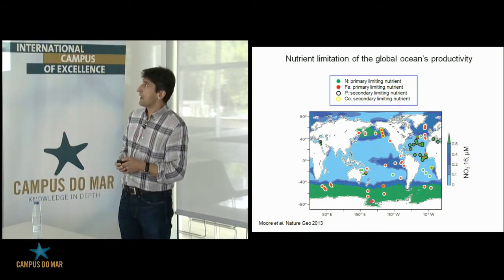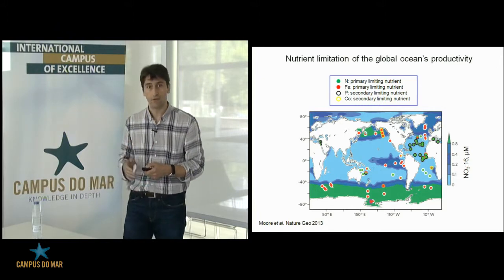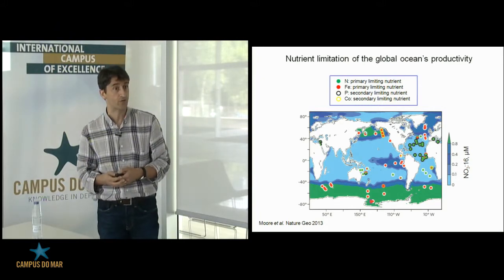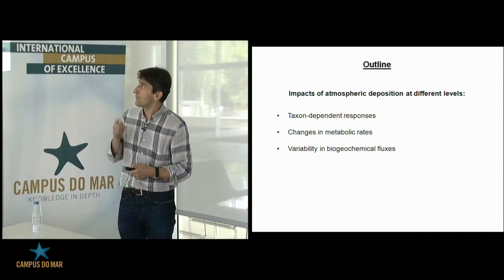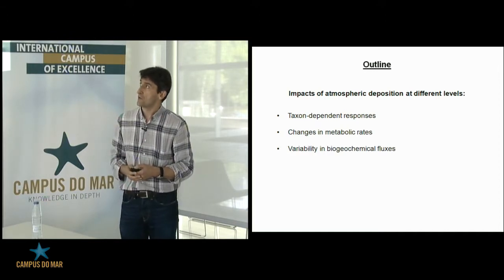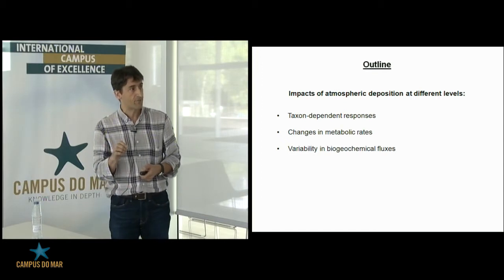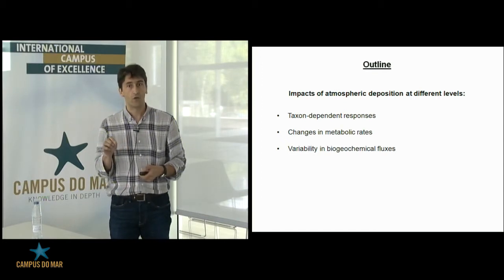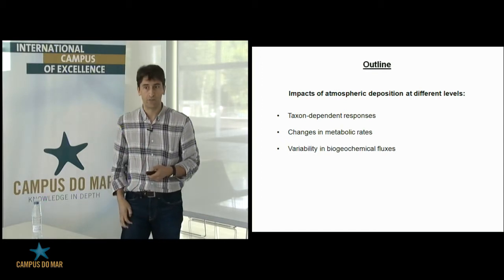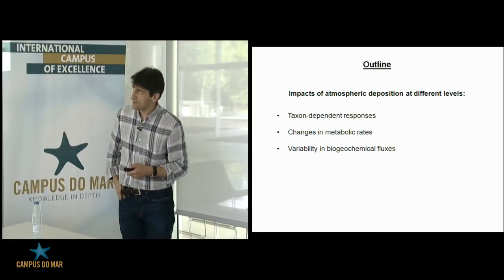So basically, that's the background to the story. And the way I've organized this overview is I will be trying to show how different taxa can respond differently to atmospheric deposition events, and in particular to dust deposition events.